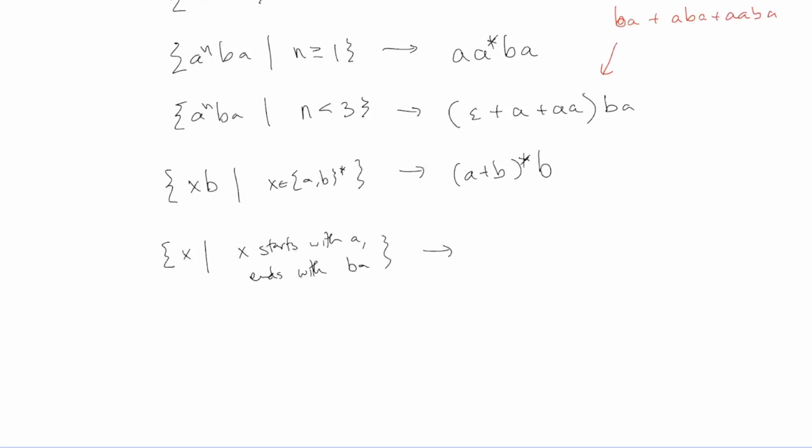What do you say? Yeah? A, and then in parentheses, A plus B, then star, and then end with BA. Yeah, great. So this says we begin with the A first, and then this can be anything, and then BA at the end. Yeah, excellent.